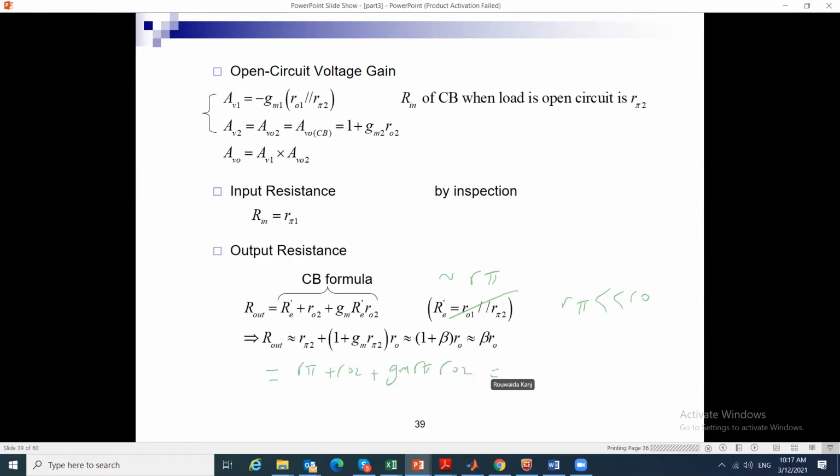So this is approximately R pi plus RO2 plus GM R pi, which is beta, times RO2. So since R pi is small, this is approximately RO into 1 plus beta.